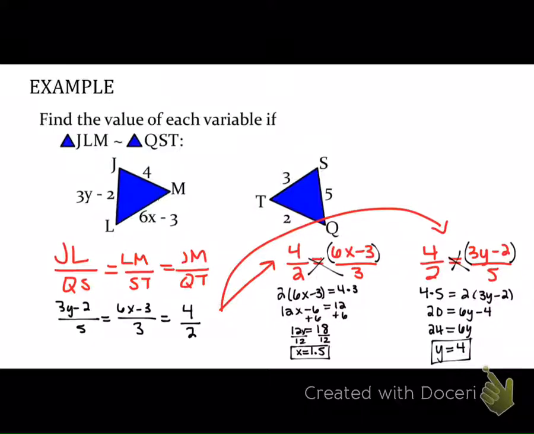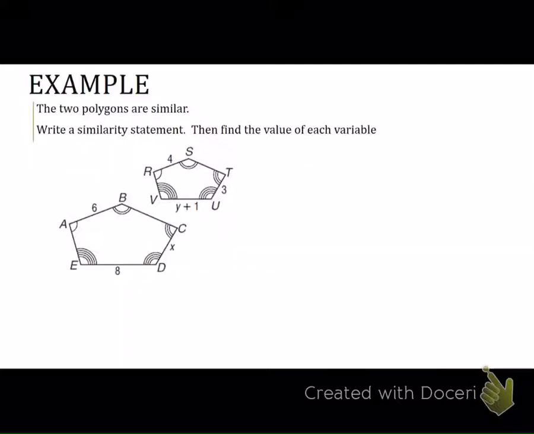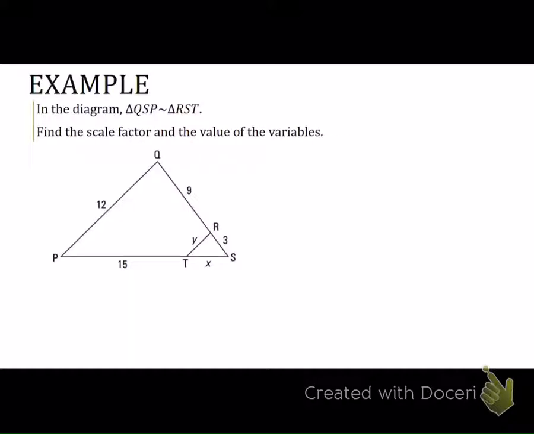Go to the very last one for me. The very last problem. So in the diagram, QSP, which is this big triangle, is similar to RST, which is the little triangle.